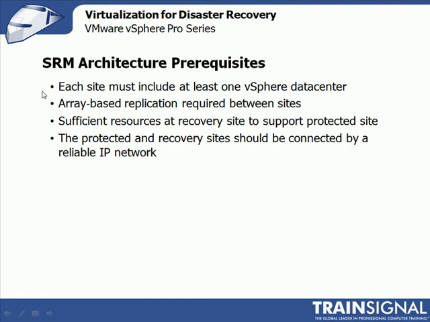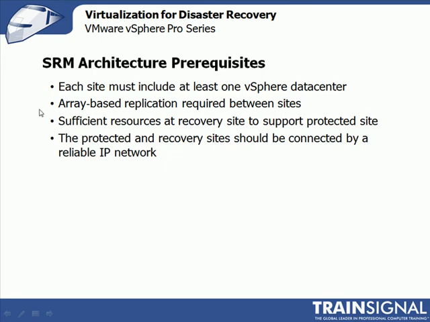VMware best practices should be followed for the configuration, and this video assumes that you have a solid understanding of vSphere. If not, TrainSignal offers a training video on vSphere that you should consider completing prior to finishing this course.